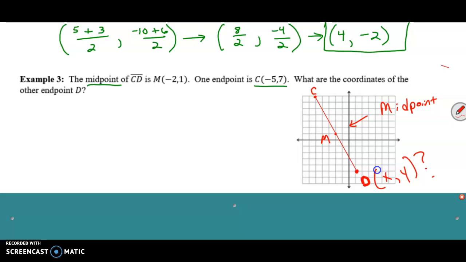So, if we go back to our formula, the formula is add your x's together and divide by 2, add your y's together and divide by 2. So if I'm finding the midpoint, this would be my x1, y1. That's one of my endpoints. My other endpoint is down here, D, x and y. I can call it x2, y2 if I want.